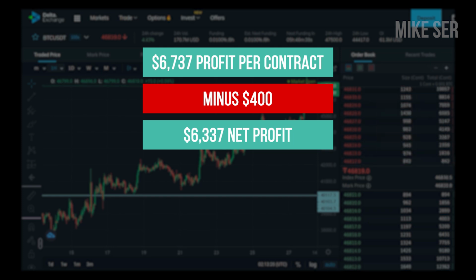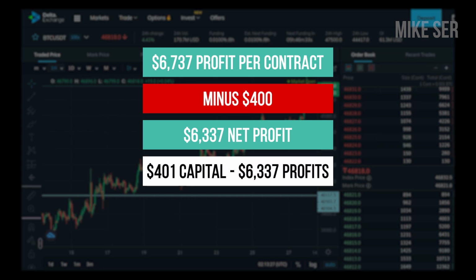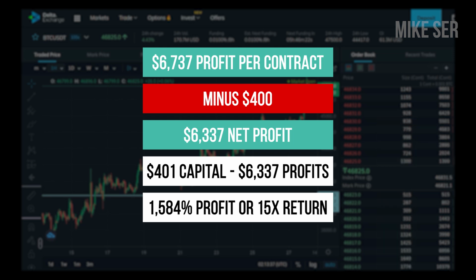Now because the Bitcoin futures contract only requires 1% margin, we only needed $401 of capital to make essentially $6,337 in profits, and over 1,584% profit, or over 15 times the return on our capital. And this is really the power of trading Bitcoin futures contracts.